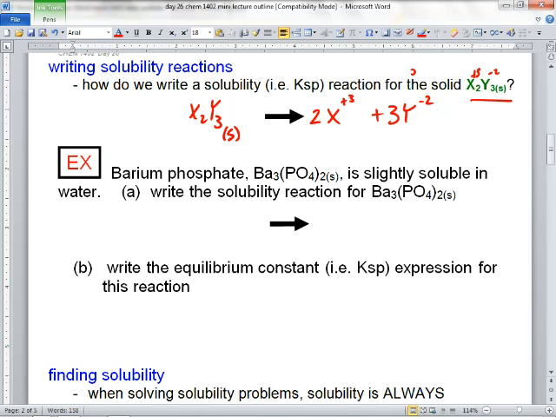Would you say this solution is saturated? She's right. What does saturated mean? Can't dissolve anymore. Exactly. And the big hint there is look at all that solid laying on the bottom, right? So this is definitely a saturated solution.